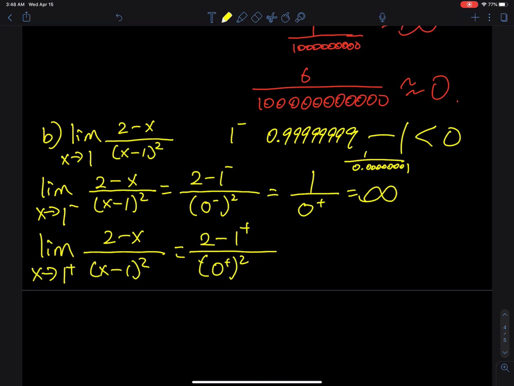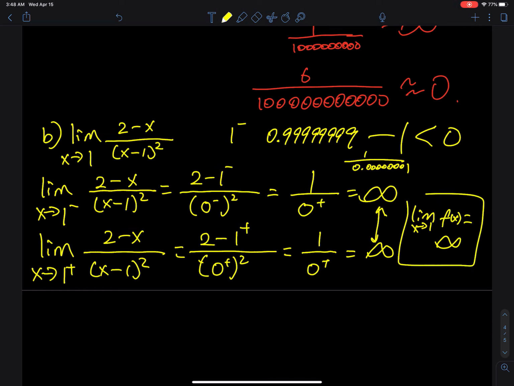You square that, that is still positive. So 2 minus 1 is 1, this is infinity. So they are both equal. Then what about the limit? So therefore, the limit as x approaches 1 of that function equals infinity, because the left side and the right side are equal.